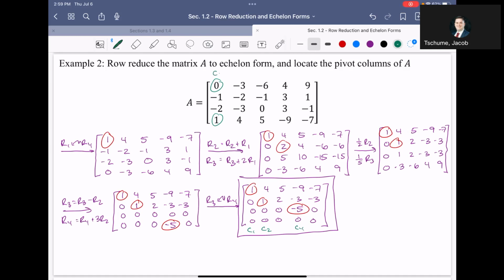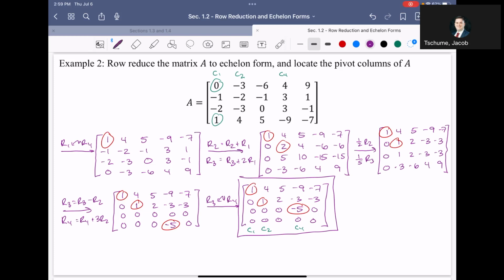What you have to do is go back to the original matrix, and the 4 columns that make up the final pivot positions represent the pivot columns. All right. So I believe on the homework, it's just going to tell you to identify the columns here.